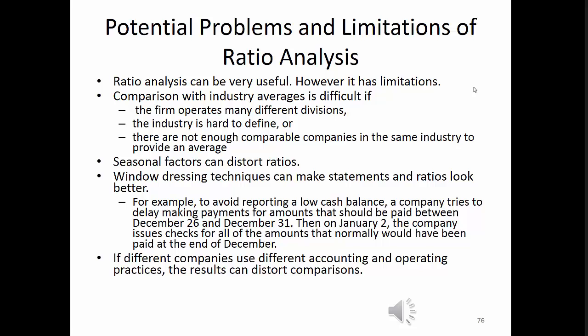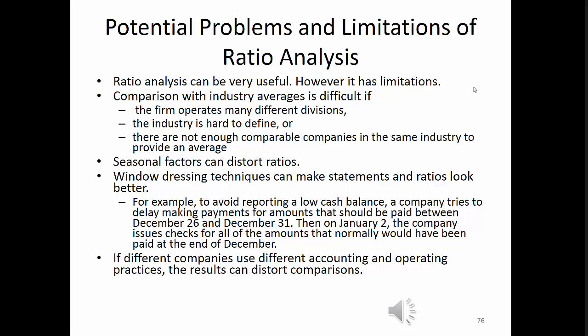Also, for some companies, there are not enough comparable companies in the same industry to provide an average for you to compare to. In addition, seasonal factors can distort ratios. Also, window dressing techniques can make statements and ratios look better.